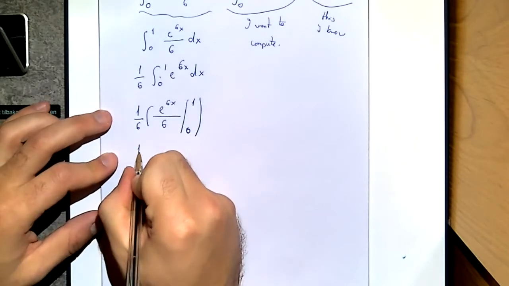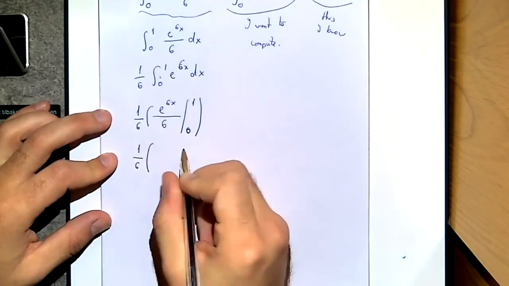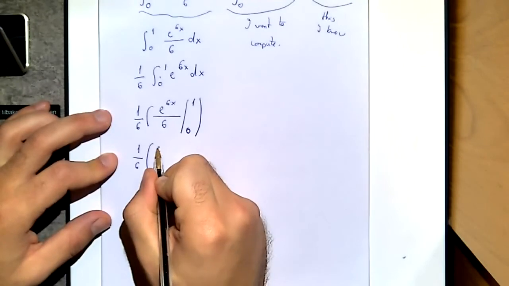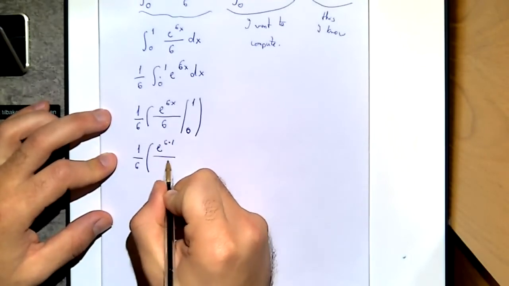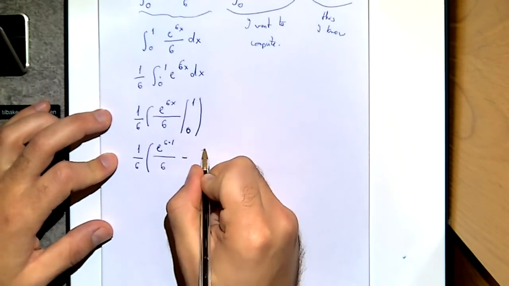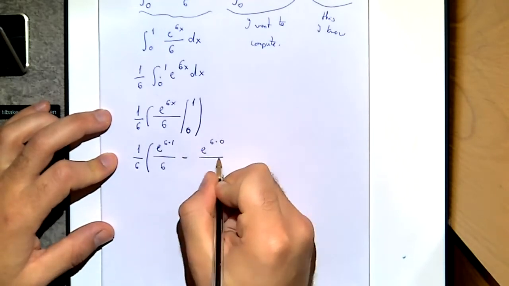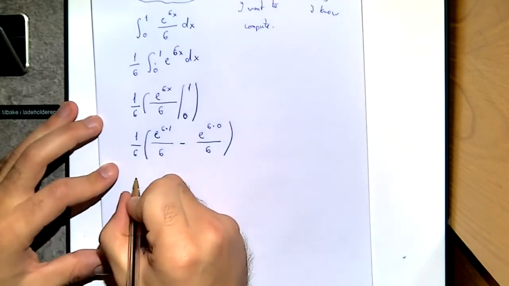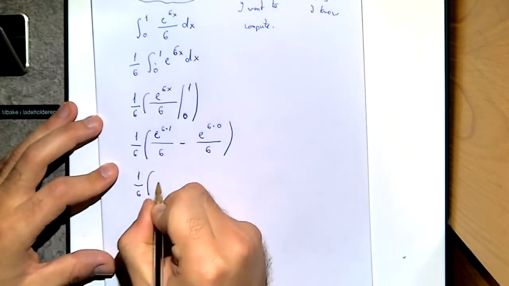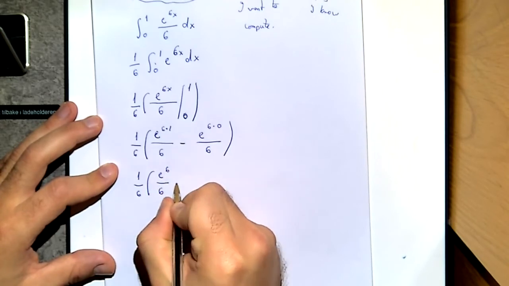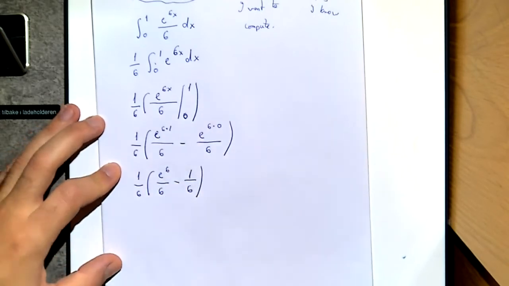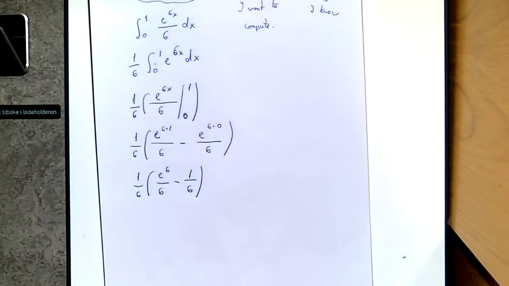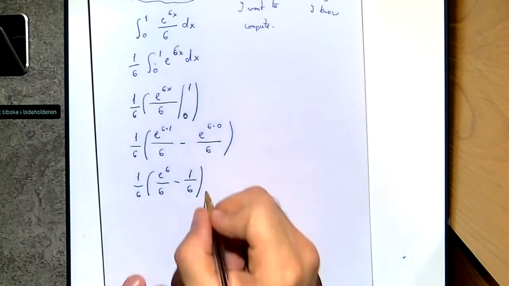So this is 1 over 6 multiplied by e to the 6 times 1 over 6 minus e to the 6 times 0 over 6. Just computing the definite integral right now. That's all I'm doing. So this is equal to 1 over 6 (e^6/6 minus 1/6). Okay? So this is computed.